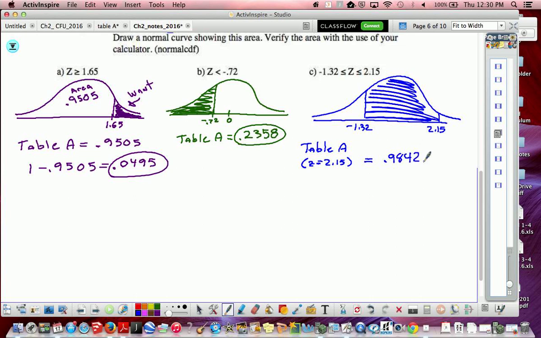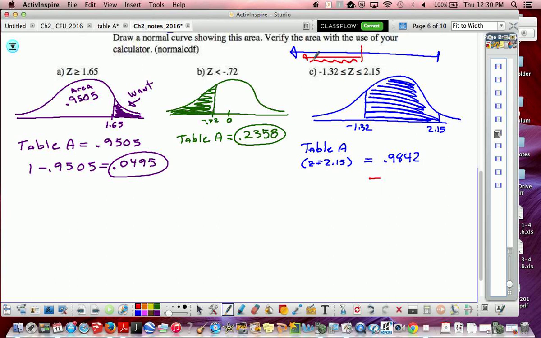Well, what happens is this particular area is all of this, 2.15 all the way. Okay. But do I want all of that? No, I want to cut it off right here. So what I'm going to do is subtract out that particular area.